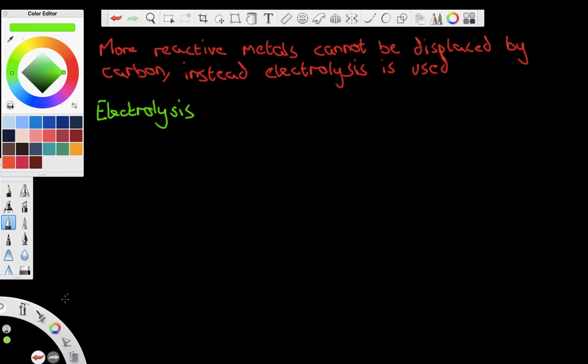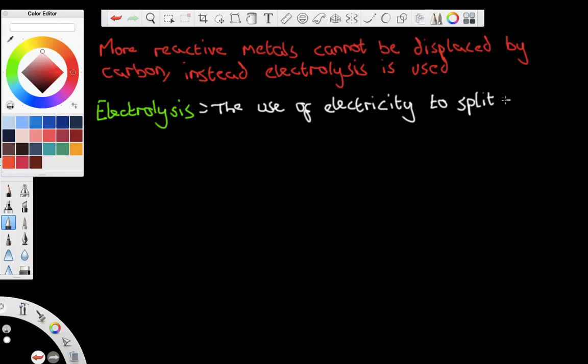Electrolysis can be defined as the use of electricity to split a compound into elements.